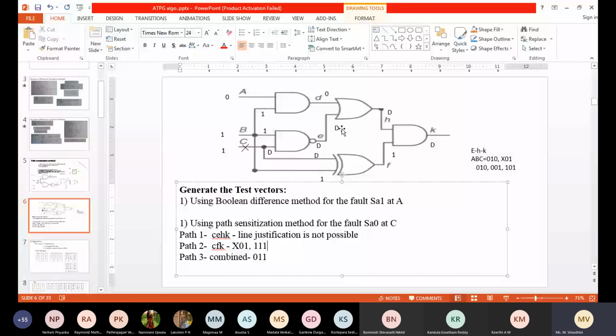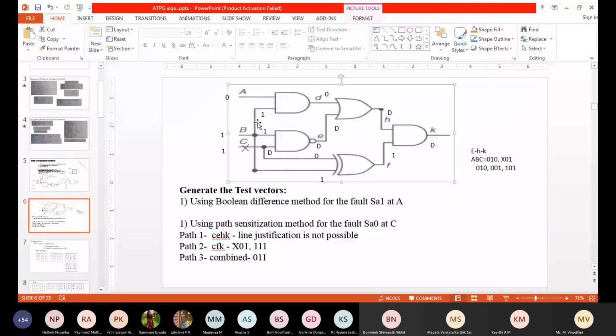Please note down the small d. This D here stuck at 1. Other one, this fan out branch, B fan out branch here stuck at 0. You can assign some variable in this diagram. The variables for the fan out are not assigned. You can assign some variable and you can proceed.